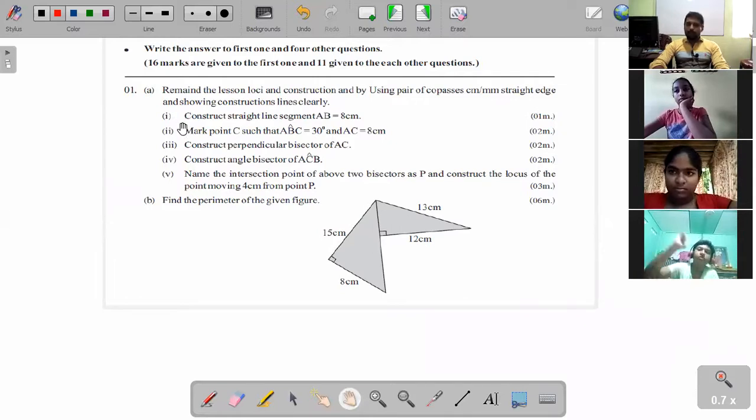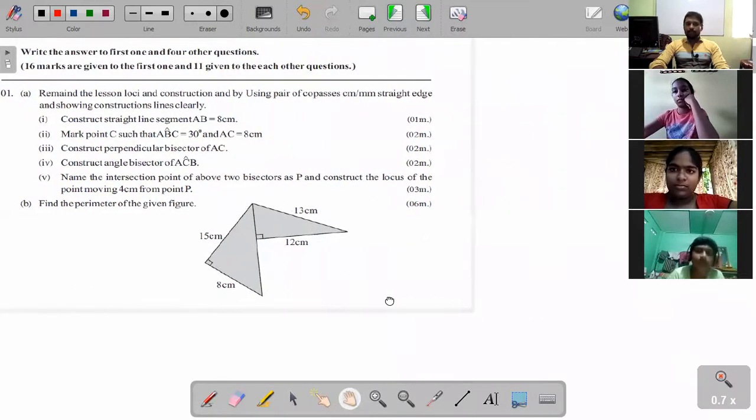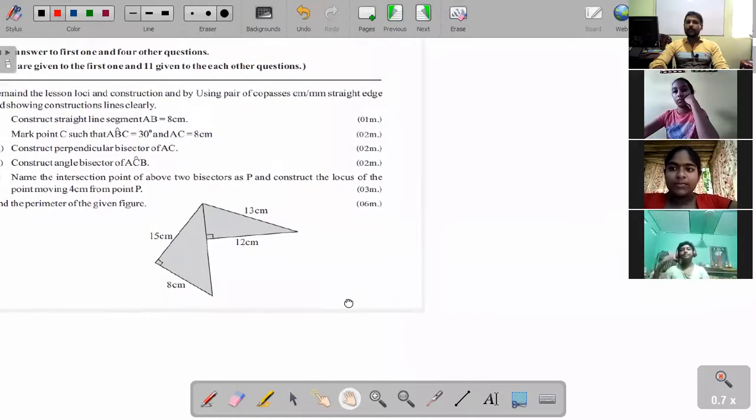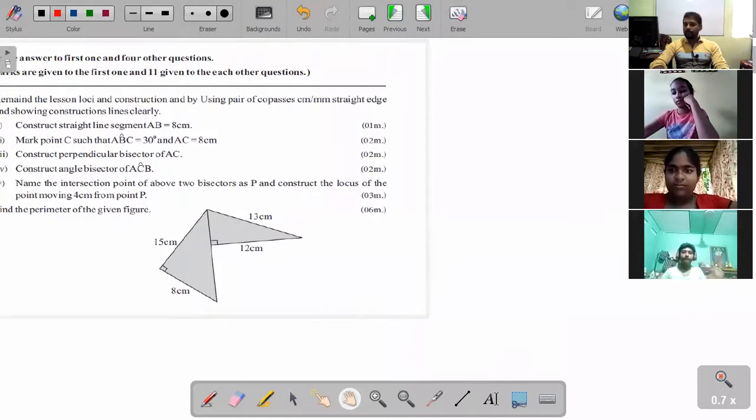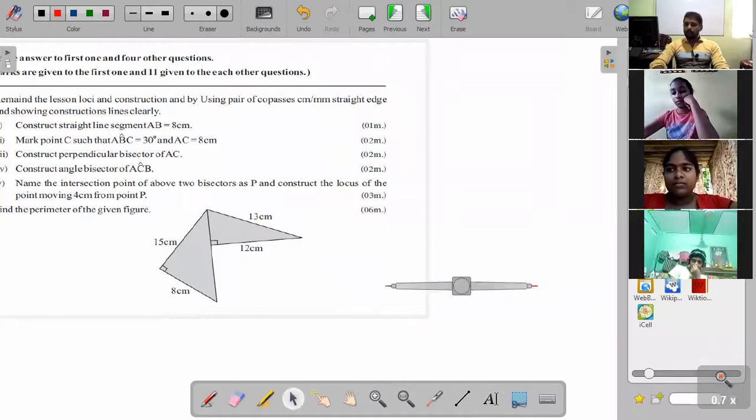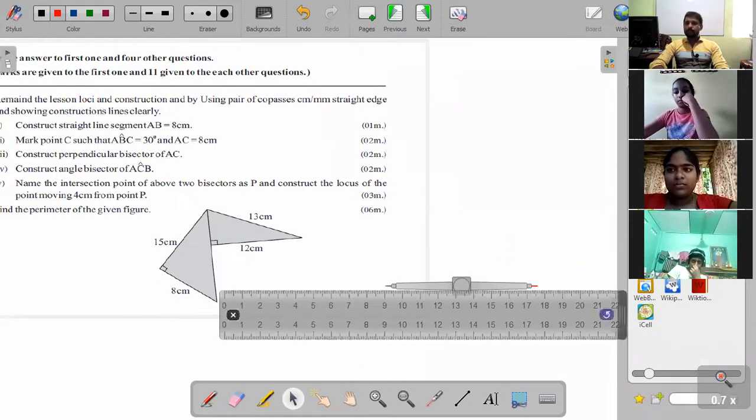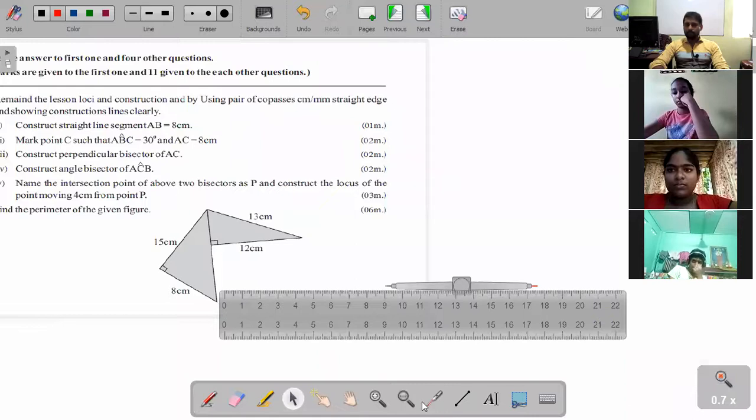First part, construct straight line segment AB. Not draw, construct, right? You read carefully: construct. How do you construct the straight line AB with 8 centimeters? We have to take the pair of compasses and a ruler.